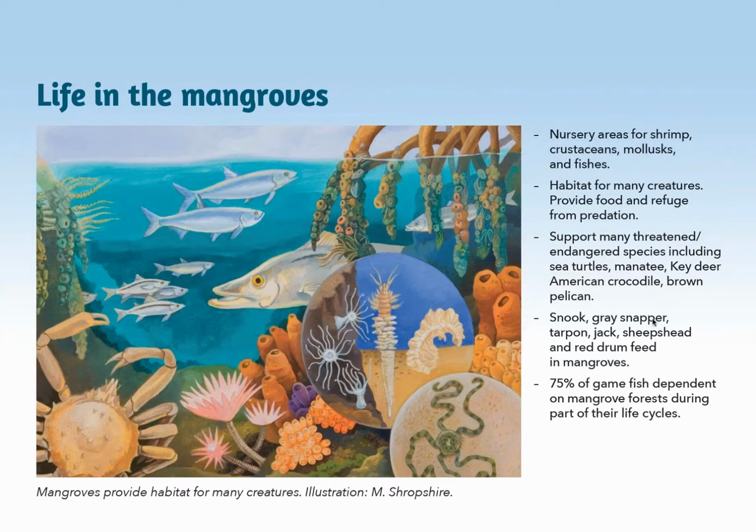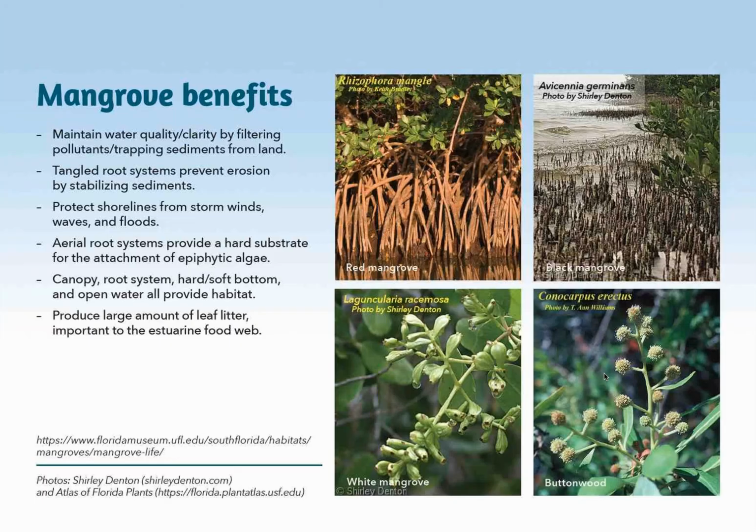And one really important thing about mangroves is that if you're a fisherman, 75% of our game fish are totally dependent on this habitat for a part of their life cycles. So lots of benefits, and the benefits are somewhat similar to salt marsh benefits in terms of filtering pollutants and trapping sediment, stabilizing sediment, protecting shorelines from erosion.